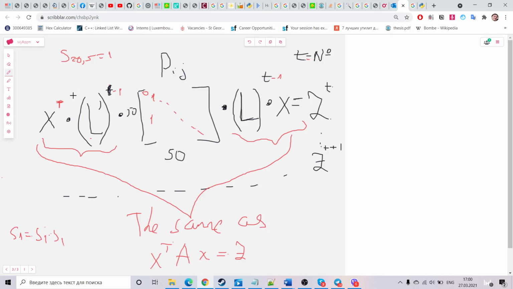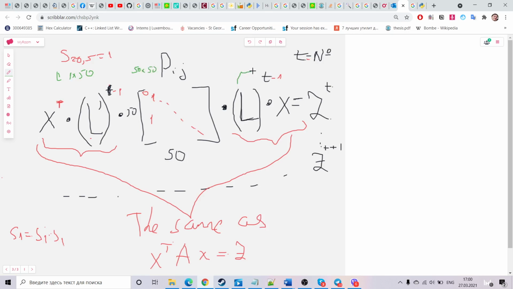Because here we will have a matrix of dimension 1 on 50. This matrix is 50 on 50.